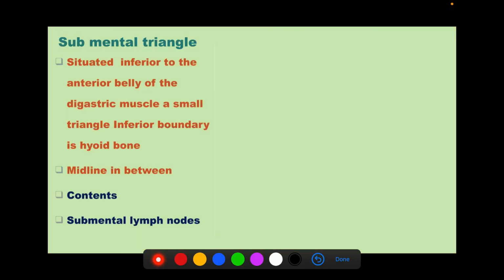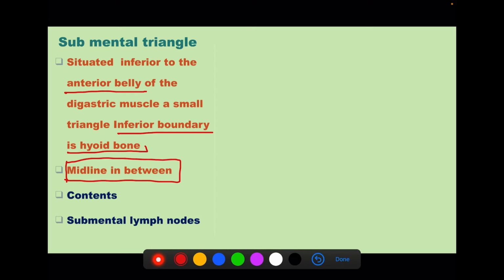Now we will discuss the submental triangle, which is the second part of the anterior triangle. It is bounded by the anterior digastric belly and the inferior boundary of the hyoid bone, and in between them we can find the midline.